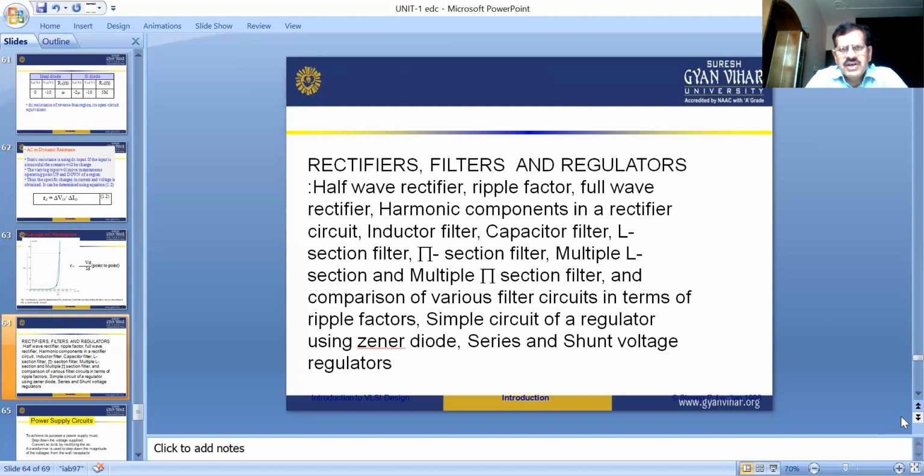Now rectifiers, filters and regulators, these are the different parts of the rectifiers.